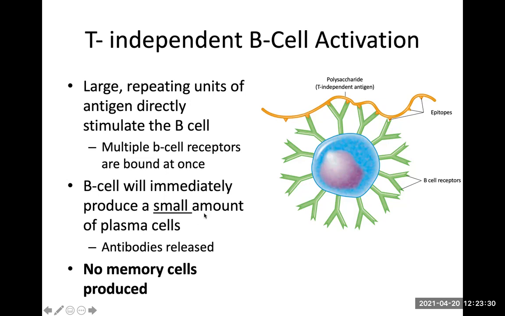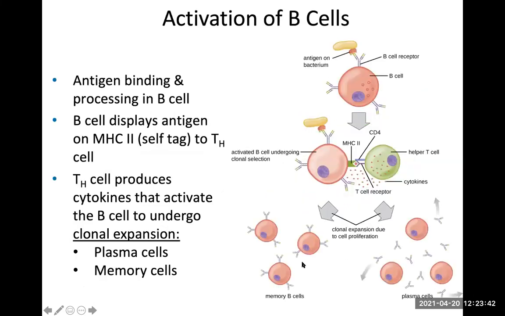But this is a relatively small amount of antibodies. And it will clone itself a few times, but again, it'll be a relatively small amount compared to the full-blown reaction that we could get if we have a helper T cell.